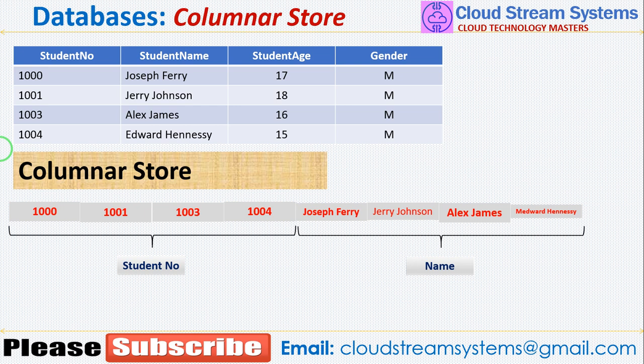In real-time applications like Twitter and Facebook, there are trillions of messages. So just think of how much space you are going to save. That is where the columnar store comes into the picture and is helpful.